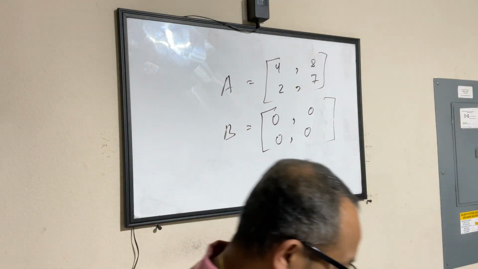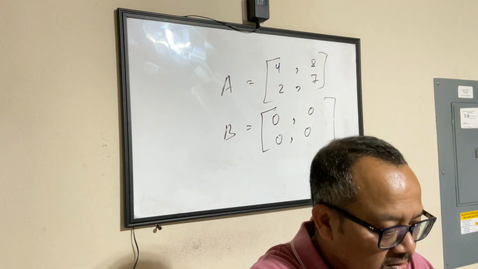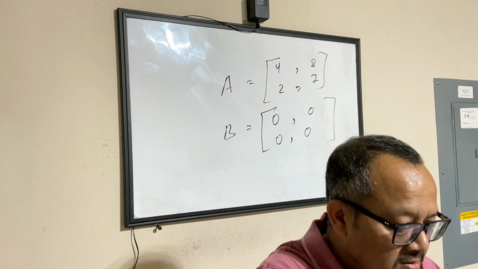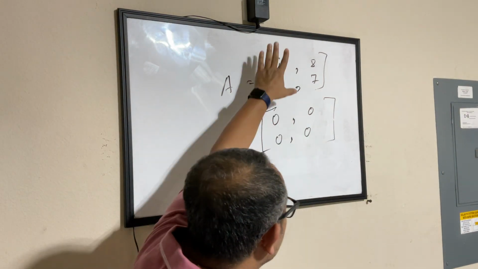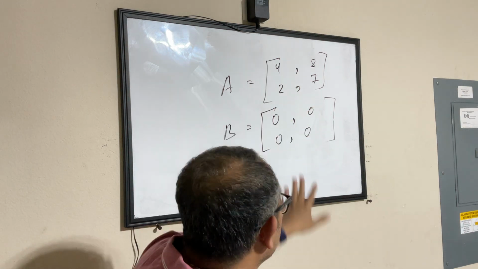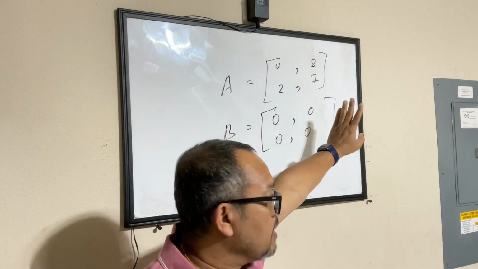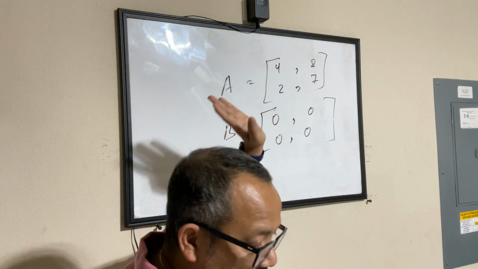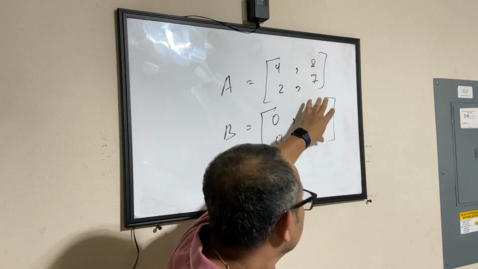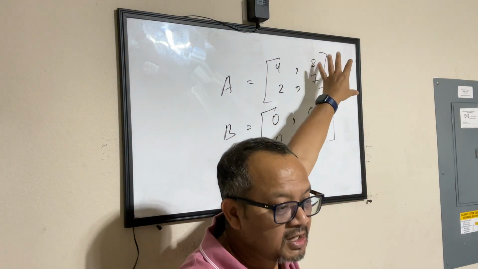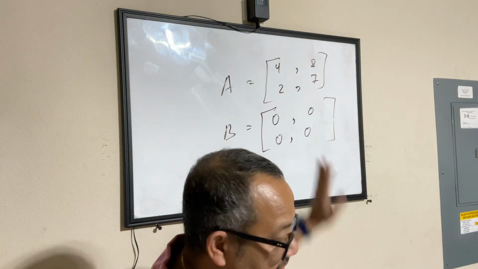As long as we have matching dimensions, if we have to add them or subtract them, that is perfectly fine, because you have a matching value for each element, meaning matching row number and column number.